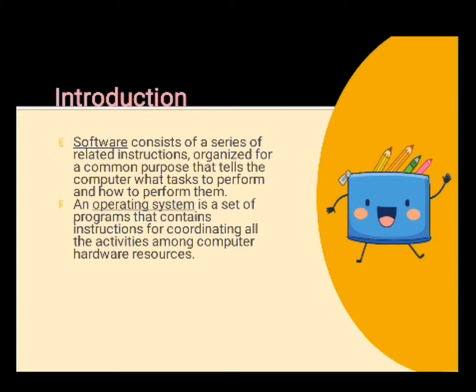Let's take a look at the definition of operating system. Operating system is a set of programs that contain instructions for coordinating all the activities among computer hardware resources, depending on what type of computer system we are using. For example, a mainframe computer does not use the same operating system as the operating system which we use in our personal computer.